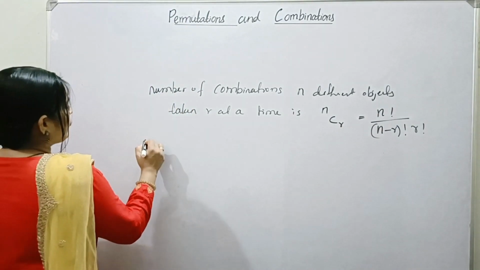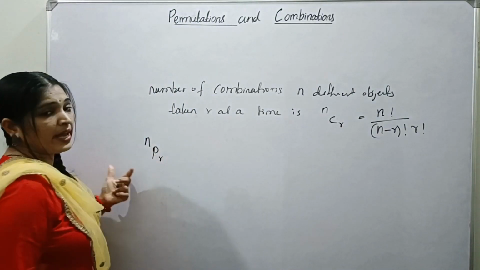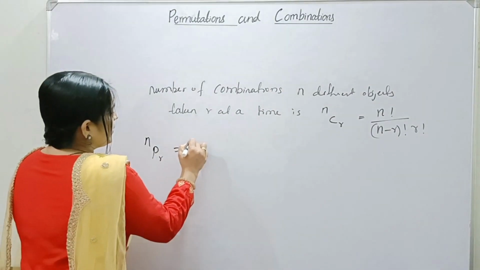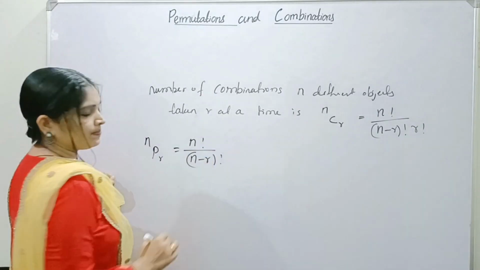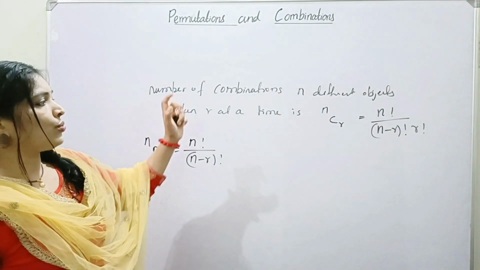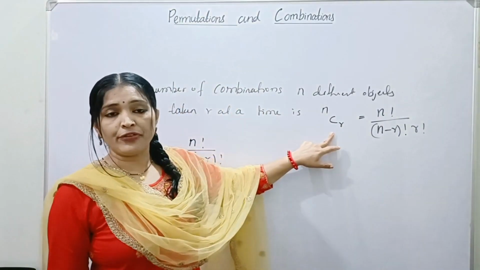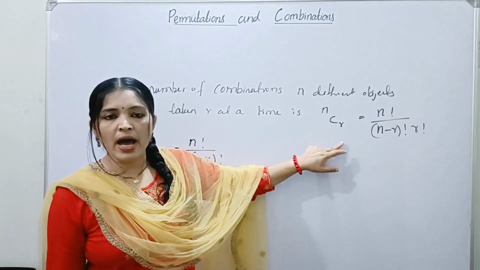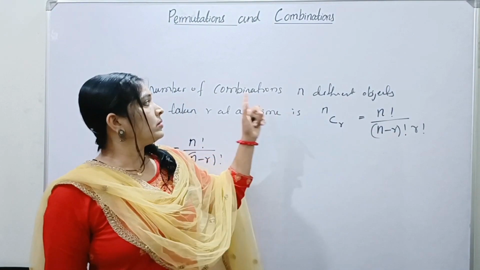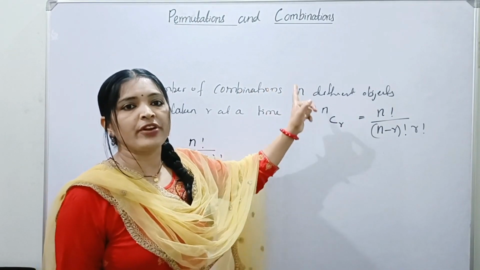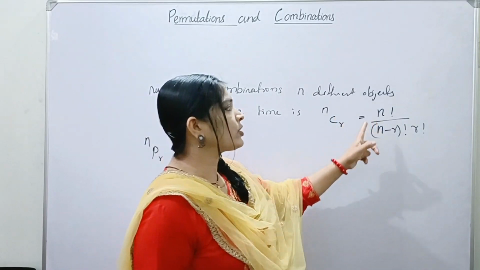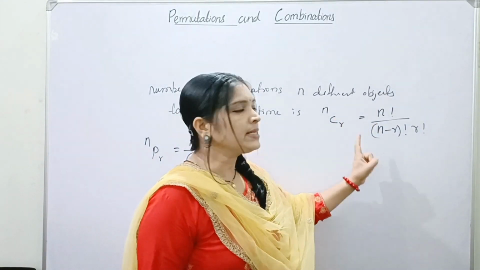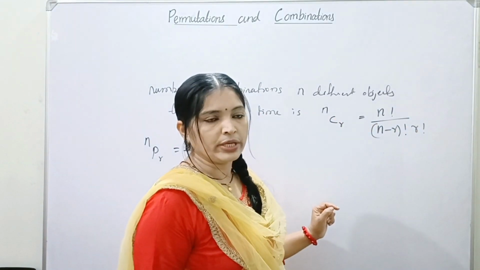So what is the permutation formula? nPr for n different objects is n factorial divided by (n minus r) factorial. The number of combinations of n different objects taken r at a time is nCr, equal to n factorial divided by (n minus r) factorial times r factorial.